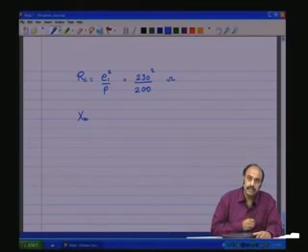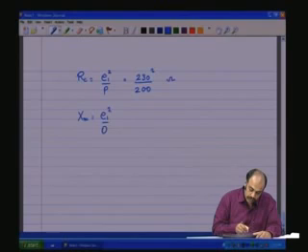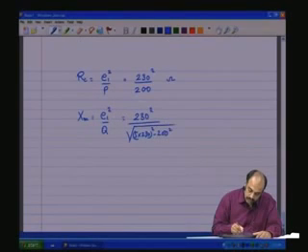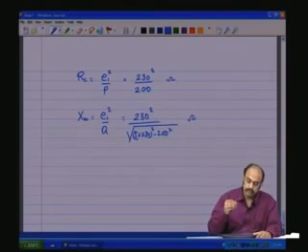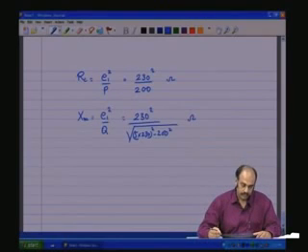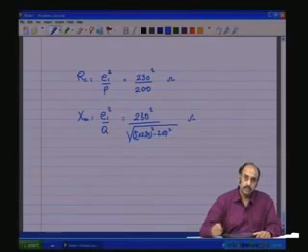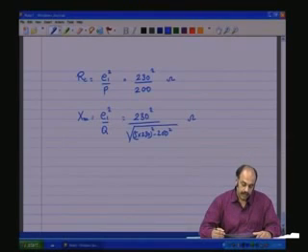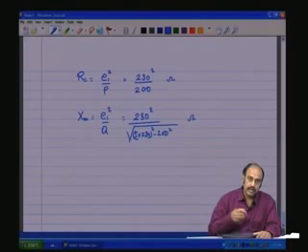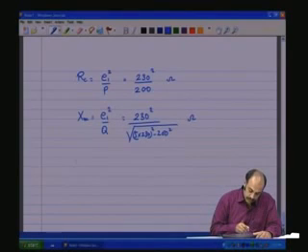Xm, the magnetizing impedance or magnetizing reactance, is given by E1 square by Q, which is equal to 230 square divided by root of (5 into 230) square minus 200 square, that many ohms. So, this gives RC and Xm, and this can now be used to find what is IC.